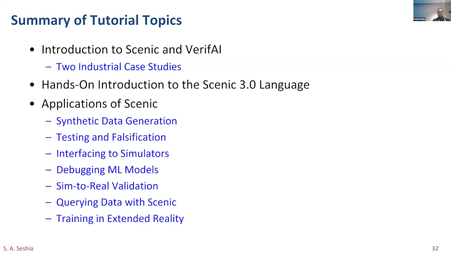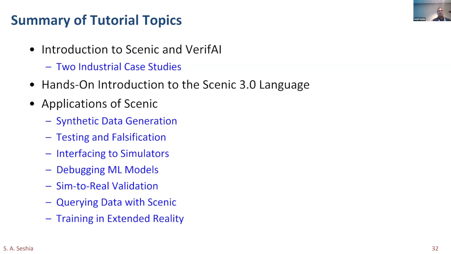Then Daniel led the hands-on introduction to the SCENIC 3.0 language. For those of you who haven't tried it out, the website has links to the two Google Colab hands-on tutorial examples, so please go through those if you haven't had a chance. Then we talked about a bunch of applications of SCENIC: synthetic data generation, testing and falsification, interfacing to simulators.